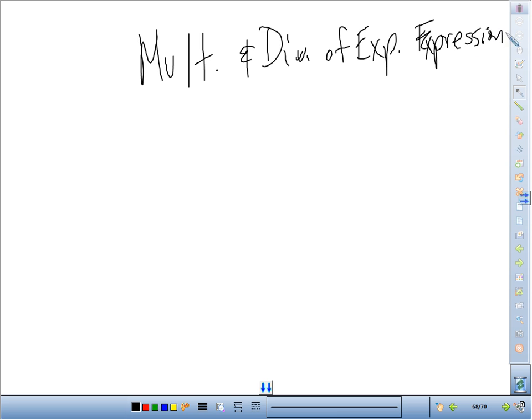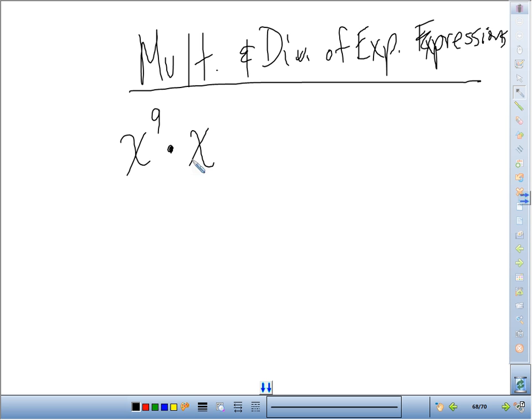Is that correct? And we said whenever we have two expressions of the same base, such as x to the 9th and x to the 14th, what happens to the exponents? You add them, right? So this becomes x to the 23. All right? What a coincidence.